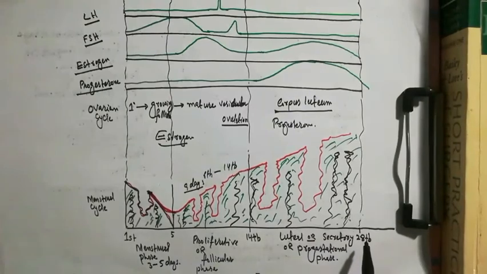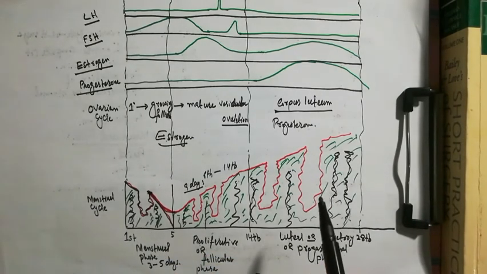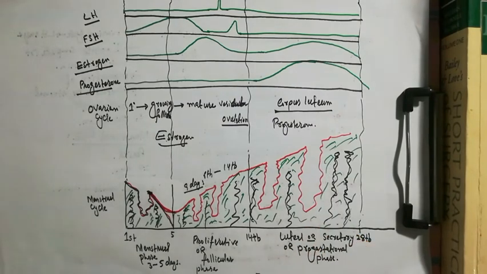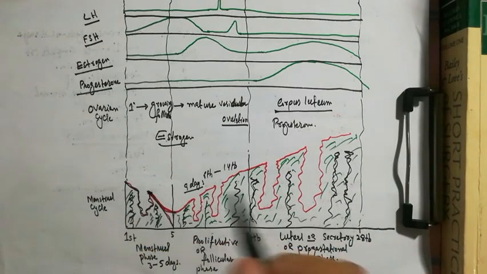At the 28th day or last day of the menstrual cycle, there are two possibilities. One possibility is that the luteal phase is ended and the menstrual phase begins. This happens when fertilization does not occur. The other possibility is that the luteal phase continues and menstruation does not occur.